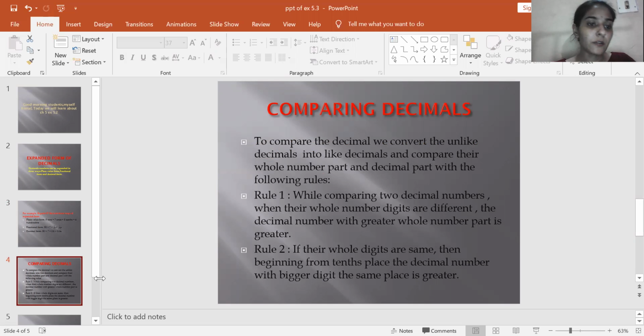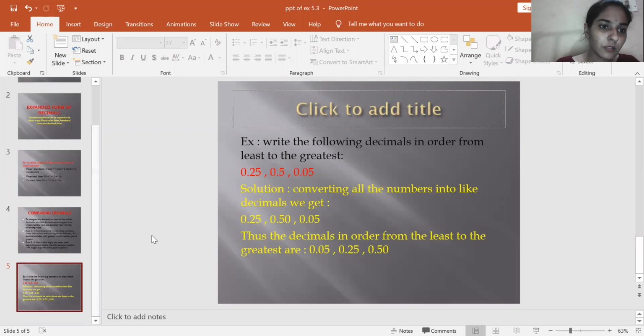Now let's check with an example. First of all, write the following decimals in order from least to greatest. Yes, we have to arrange in ascending order. So the solution is converting all the numbers into like decimals.